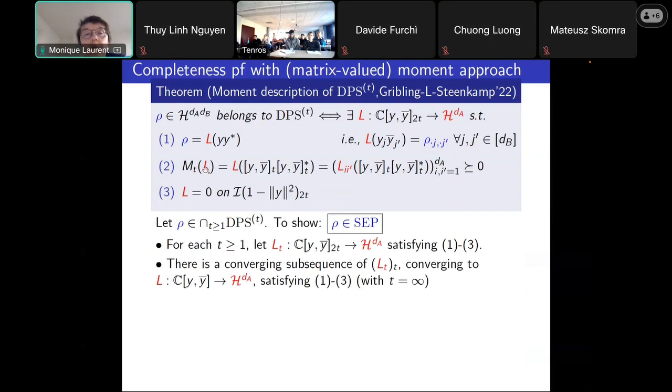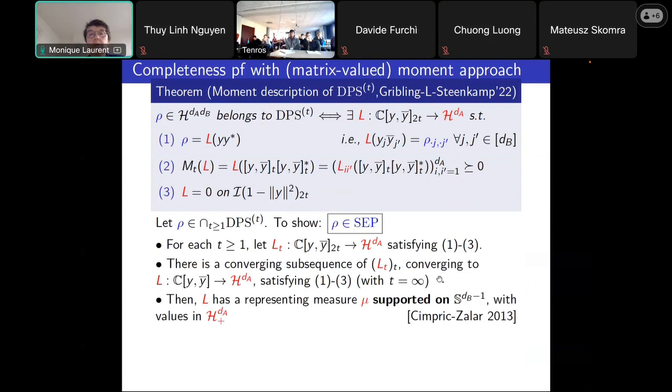Because of the positivity and conditions 2 and 3, you can show that the entries of L_t are bounded. So there is a converging subsequence with limit L. Now you get an L which acts on the full polynomial ring in y and y bar, taking values in Hermitian matrices and satisfying 1, 2, 3 with t equal to infinity. And now this is the analogue of a Putinar result, but for matrix valued linear functionals.